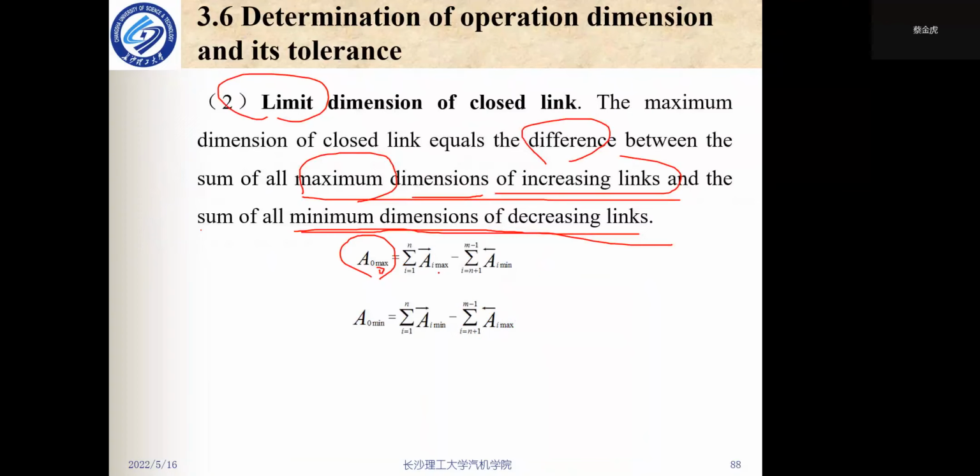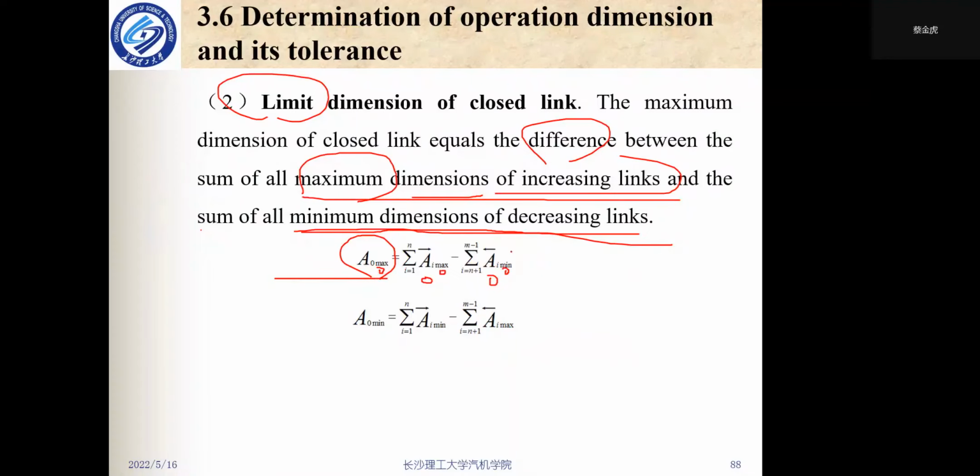Which means the maximum dimension of increasing links in this part, minus the minimum dimension of decreasing links. Then we get the maximum limit of the closed link.